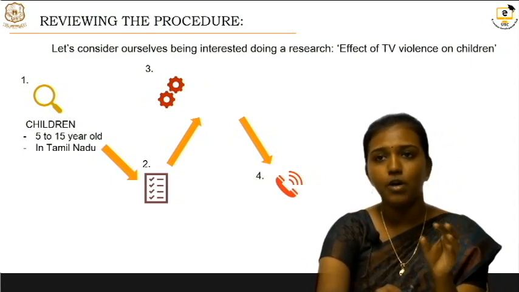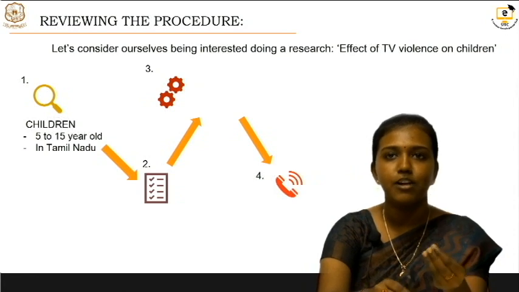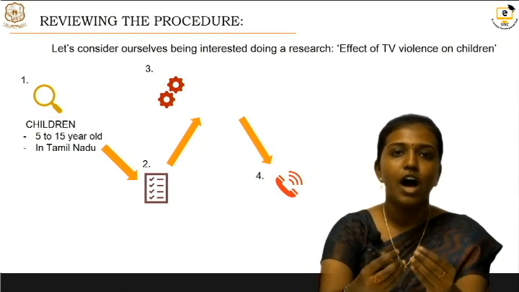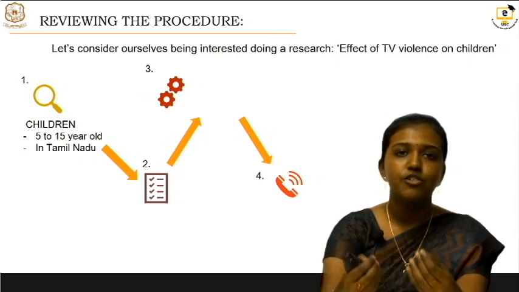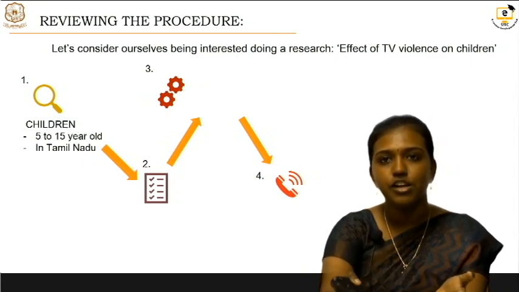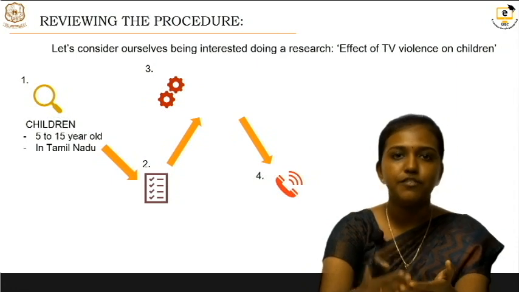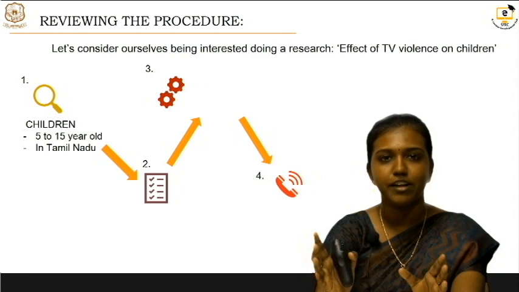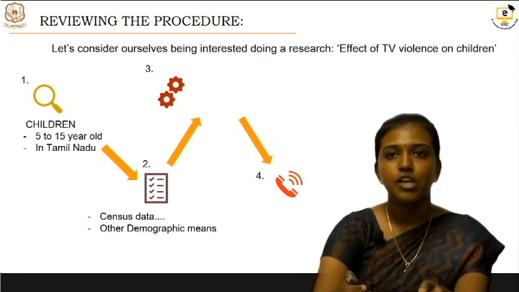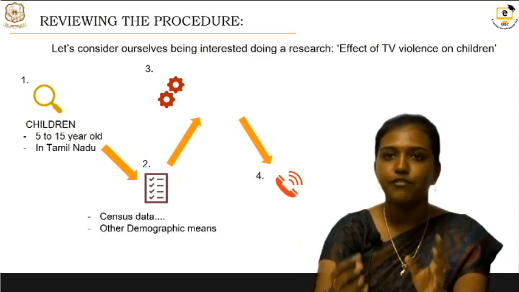Now, after defining this particular sample, you can see how, after you get the results of this research study, you can generalize it to all the children aged from 5 to 15 years old across Tamil Nadu. So, you can say that Tamil Nadu kids are getting affected by TV violence. Fine. Now, we are going to construct a sampling frame.